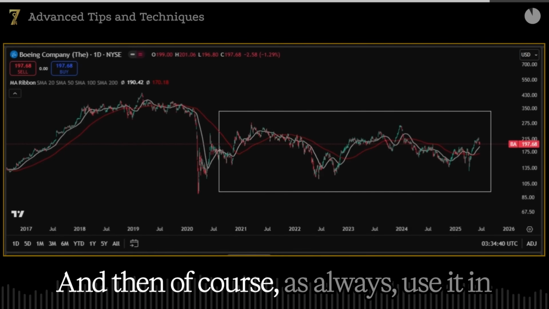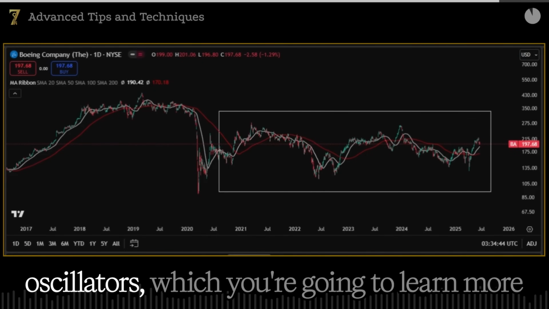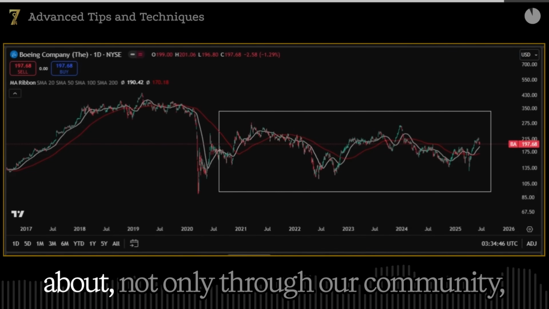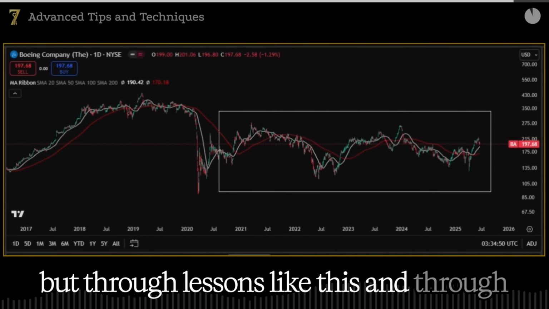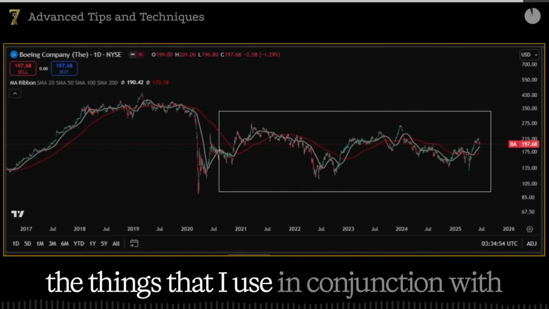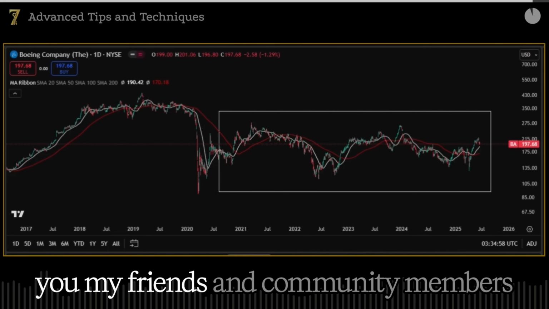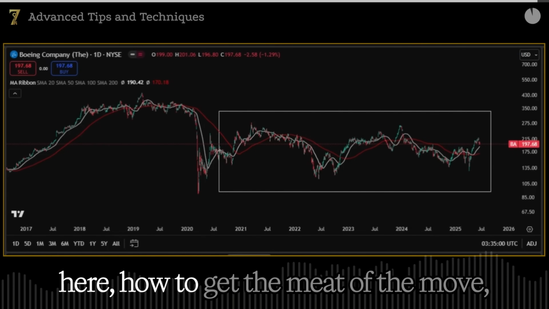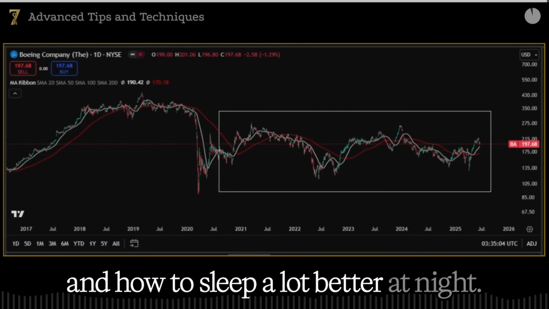And as always, use it in conjunction with other indicators and oscillators, which you're going to learn more about, not only through our community but through lessons like this, our weekly wraps, our crypto lessons, and all the things I use with my own technical analysis, to share with you, my friends and community members, how to get the meat of the move, how to incorporate risk management, and how to sleep a lot better at night.